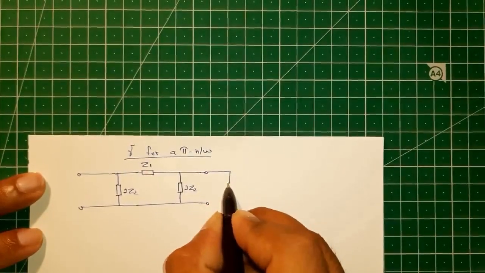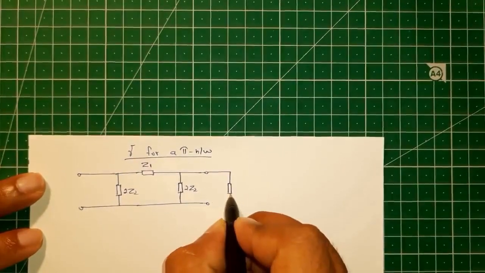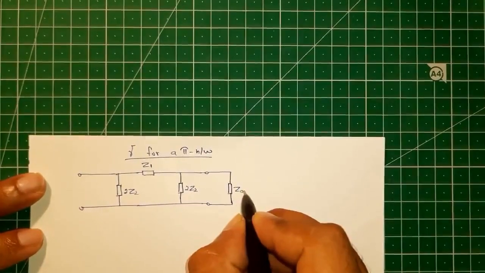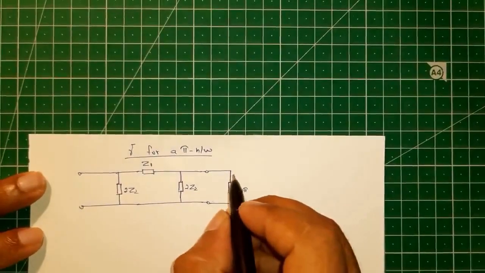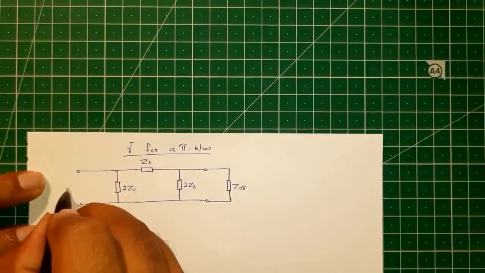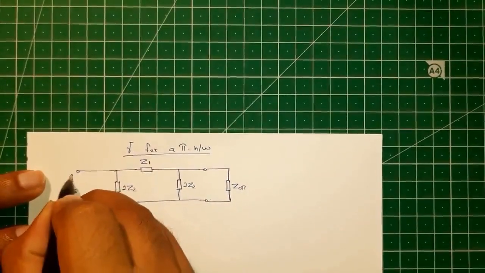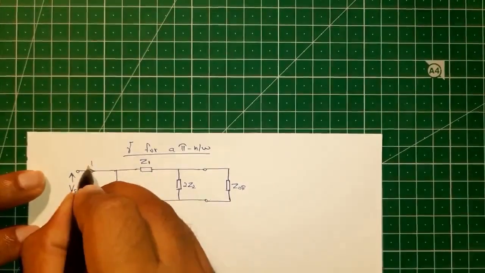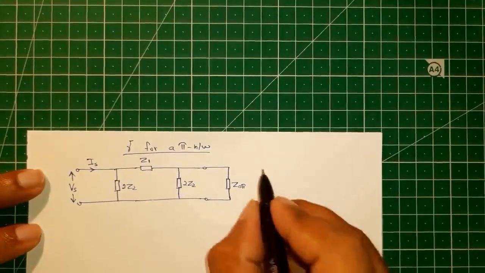And this network is terminated by its characteristic impedance Z0 for a pi network, Z0 pi. At the sending end, we have the sending end voltage Vs, and Is is the sending end current.